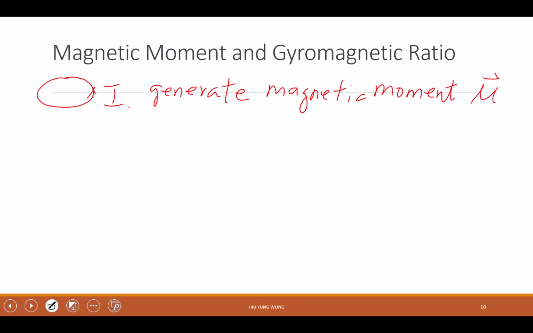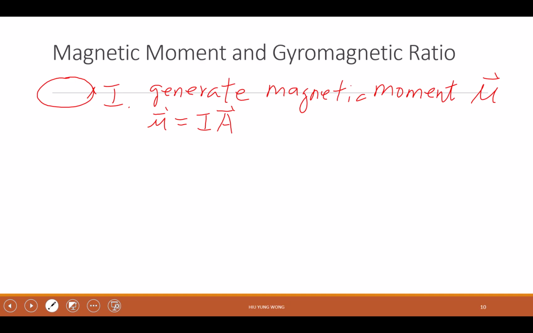And it is a vector. Usually we write mu equals I, the current, times A. Now, this may be a little bit surprising to you, but those who have taken EM know that A, the area, can be a vector. Just for the formalism, to make the math work, we can define an area as a vector.